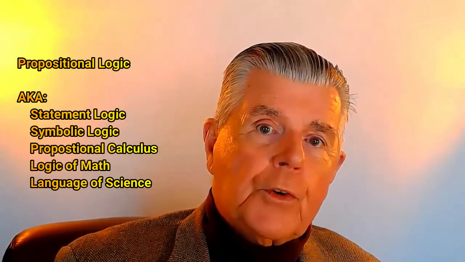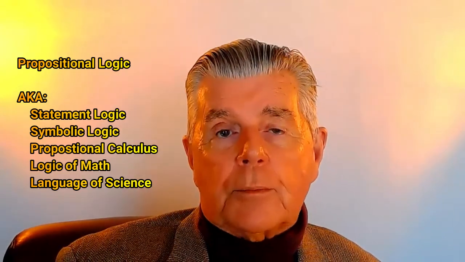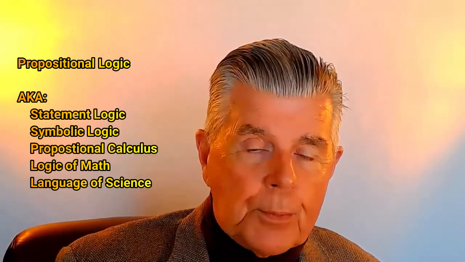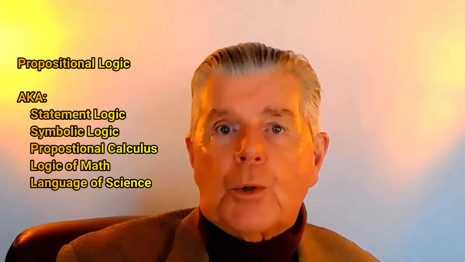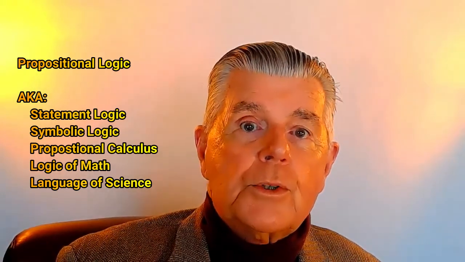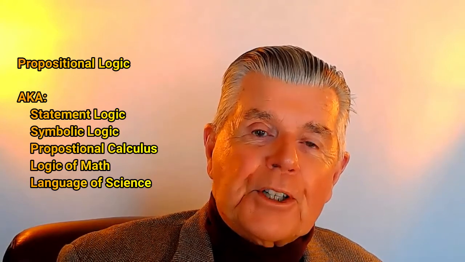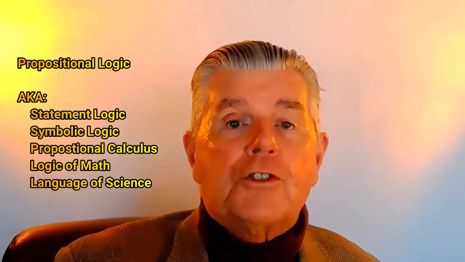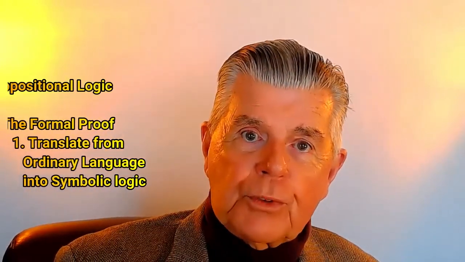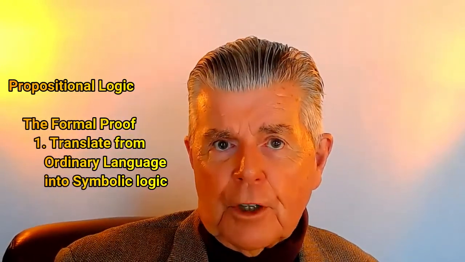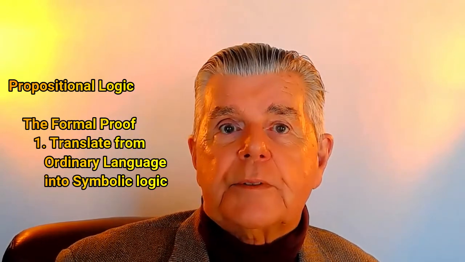So we're going to show you, first of all, how to translate from ordinary language. We have one in the textbook. How to translate the ordinary language about who's the mother of a baby. And we're going to translate that from ordinary language to symbolic logic. And then we're going to apply just five of the 19 rules of natural inference to prove the validity of the argument that's in the textbook.